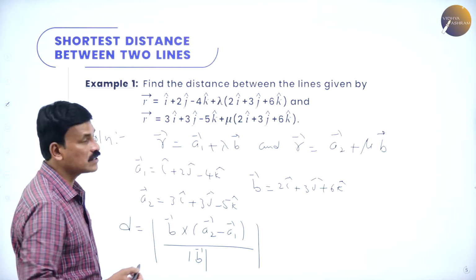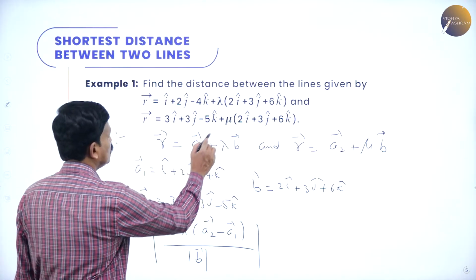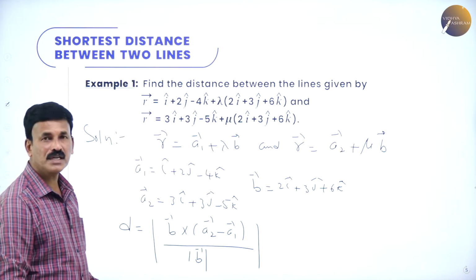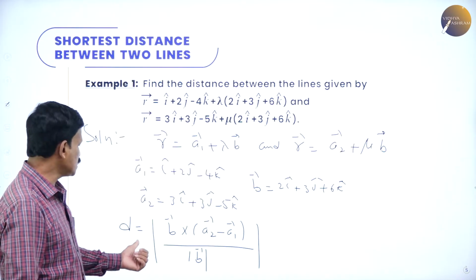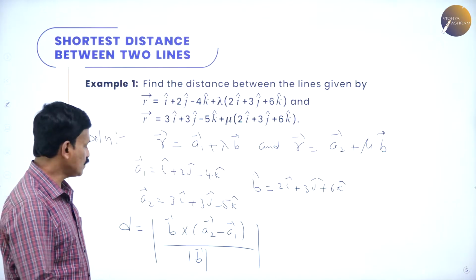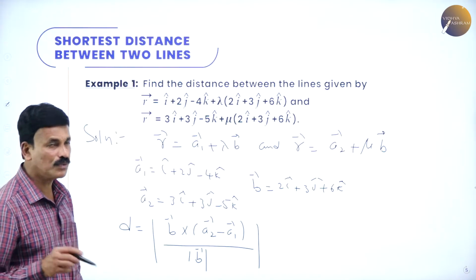If the lines are parallel, then the value of b is the same. Then the formula we use to find the distance between the two parallel lines is d is equal to the magnitude of b cross (a2 minus a1) divided by the length of vector b. So this is a very important concept.